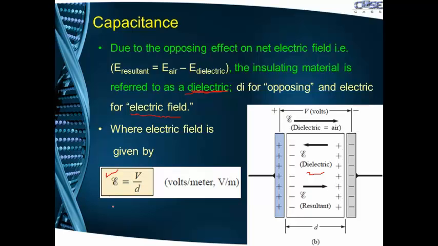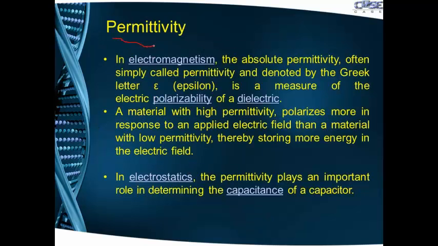Next is the permittivity of the dielectric. What is the permittivity? In electromagnetism, the absolute permittivity, often simply called permittivity and denoted by the Greek letter epsilon, is a measure of the electric polarizability of a dielectric.